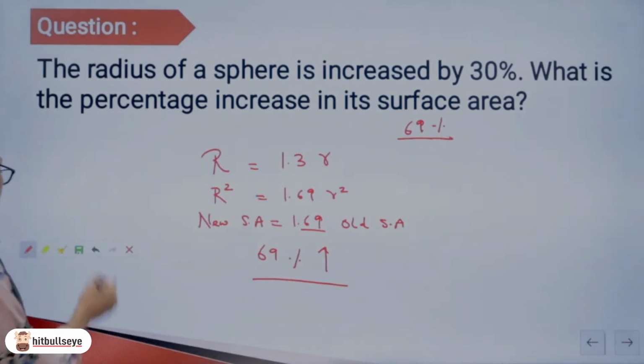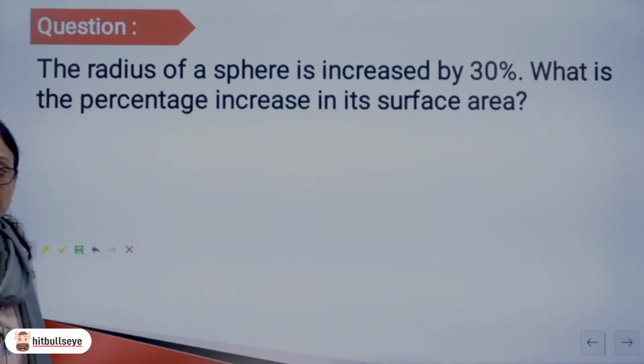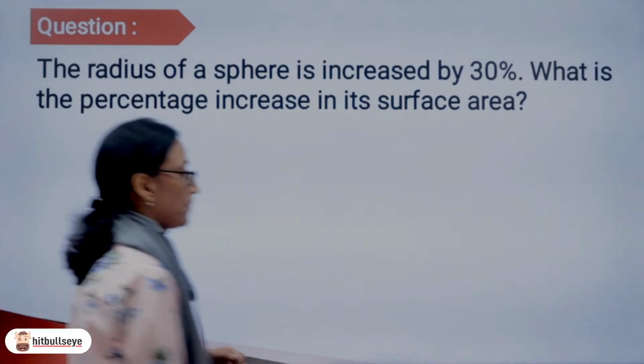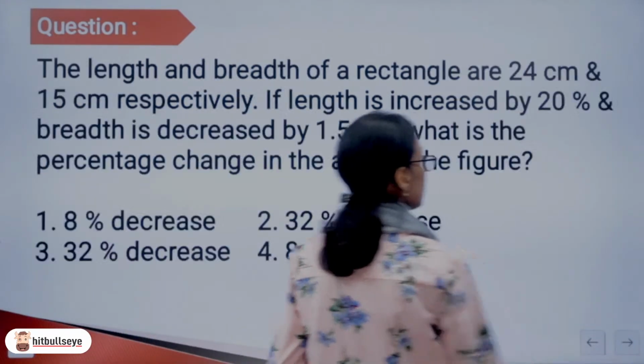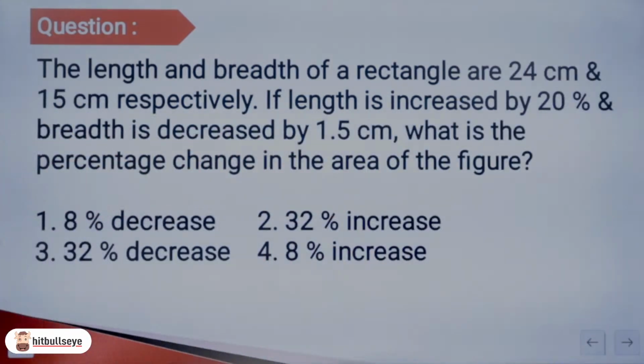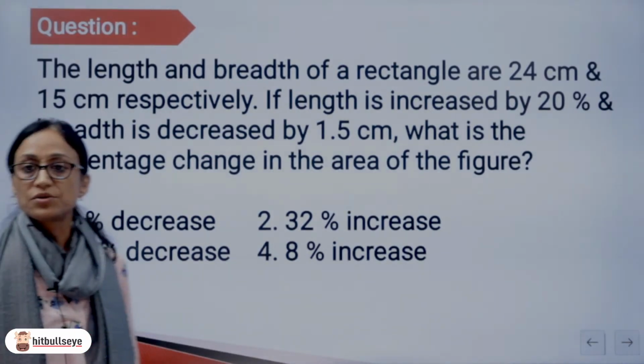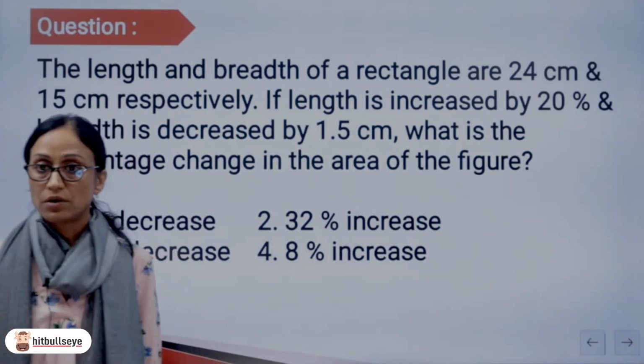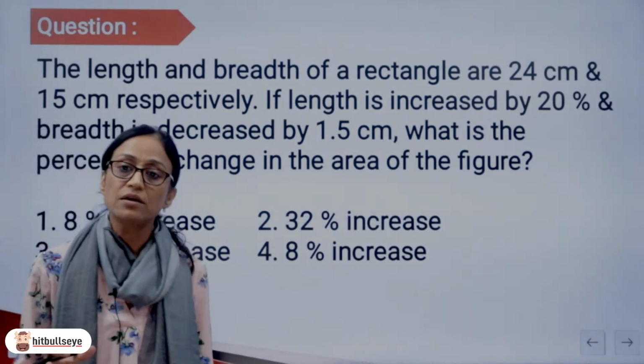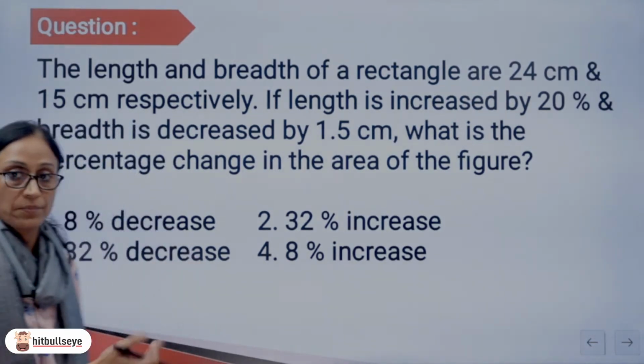Now the same thing you will realize in the next question as well. The information given in this question also talks about some percentage coming into the picture, and there is also a numerical value. What does the question say?